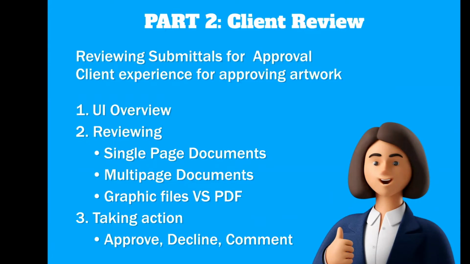All right, we're going to look at reviewing single page documents as well as multiple page documents. And then again, we'll see the difference of what that looks like when you're using a PDF versus a regular graphic file. And then we'll talk about the actions that you can take, either approving something, declining something, or commenting on something.